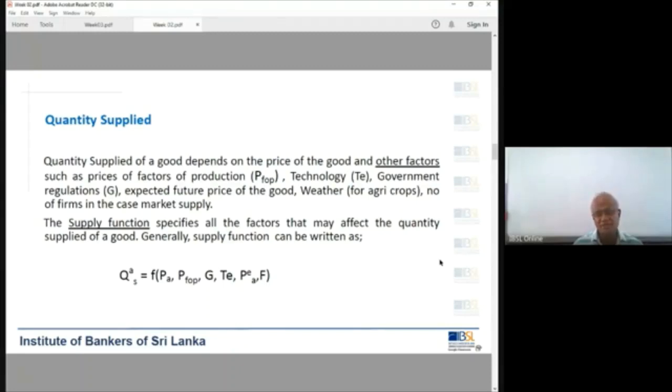Two types of technologies we discussed last week: labor intensive and capital intensive. In labor intensive technology, we use more labor, more people, fewer machines. In capital intensive technology, more machines are used, less labor service is used.